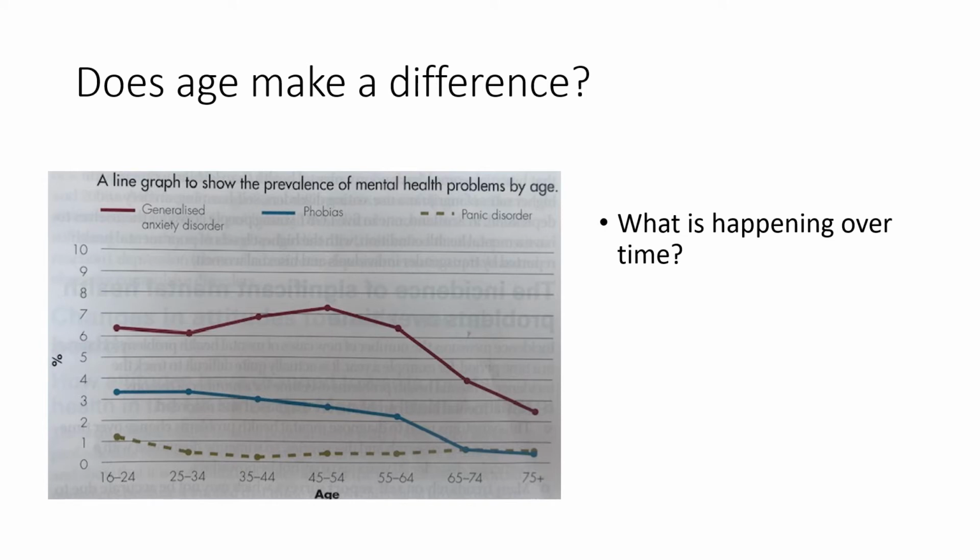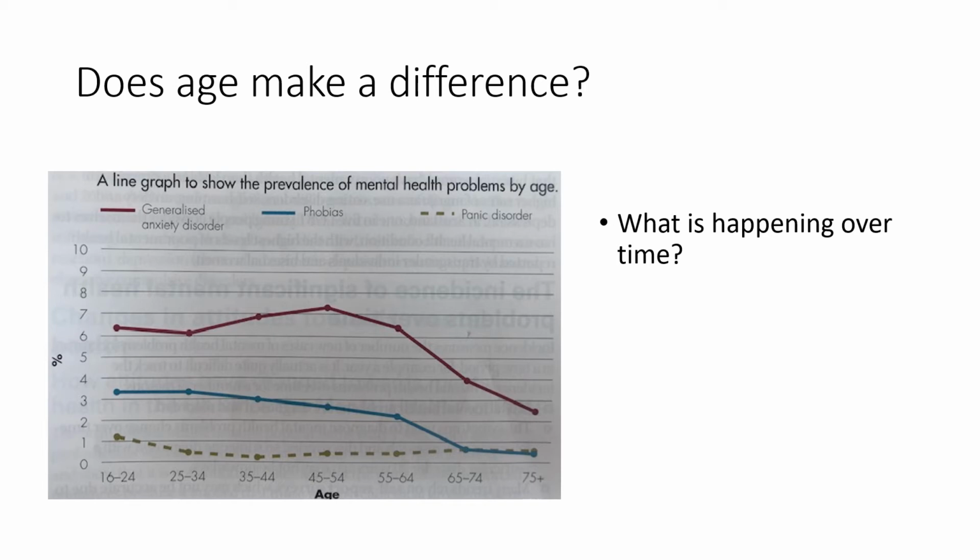We can also use these surveys to see what's happening over people's lifetimes. So in terms of ages, we can have a look at what kind of mental health problems are occurring over people's lifetimes. The red line on this graph here shows us generalized anxiety disorder.